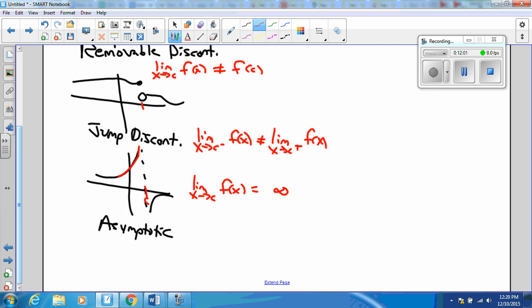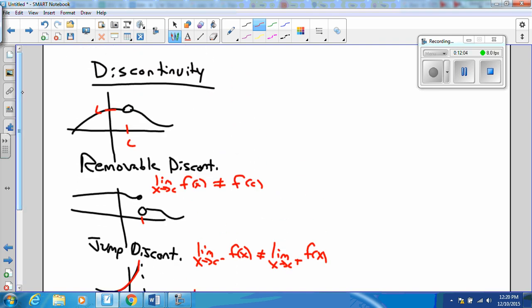By contrast, our types of non-differentiability are going to be places where I cannot draw a tangent line. Why might I not be able to draw a tangent line? Well, if my function is discontinuous, I can't draw a tangent line.